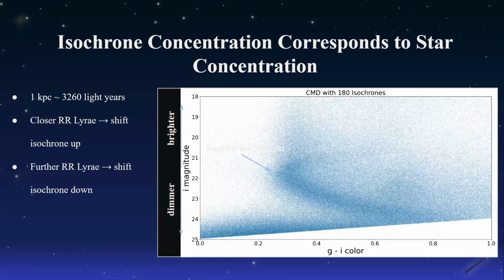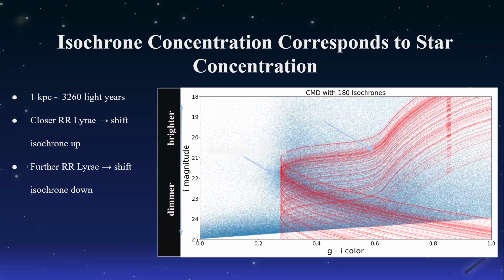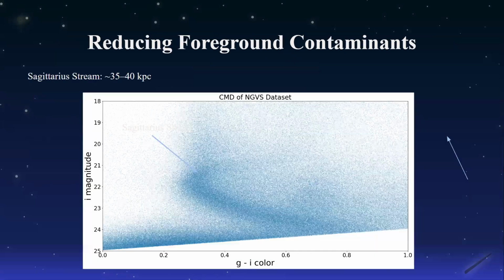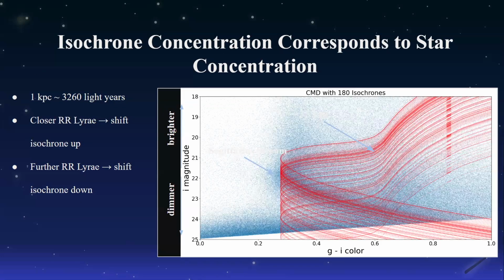By repeating this 180 times, we were able to find a concentration at 35 kiloparsecs. A kiloparsec is a unit of distance, and it's about 3,260 light years. As you can see on the CMD, this corresponds to where the Sagittarius stream lies. This means that stars in the Sagittarius stream are associated with the RR Lyrae at 35 kiloparsecs.